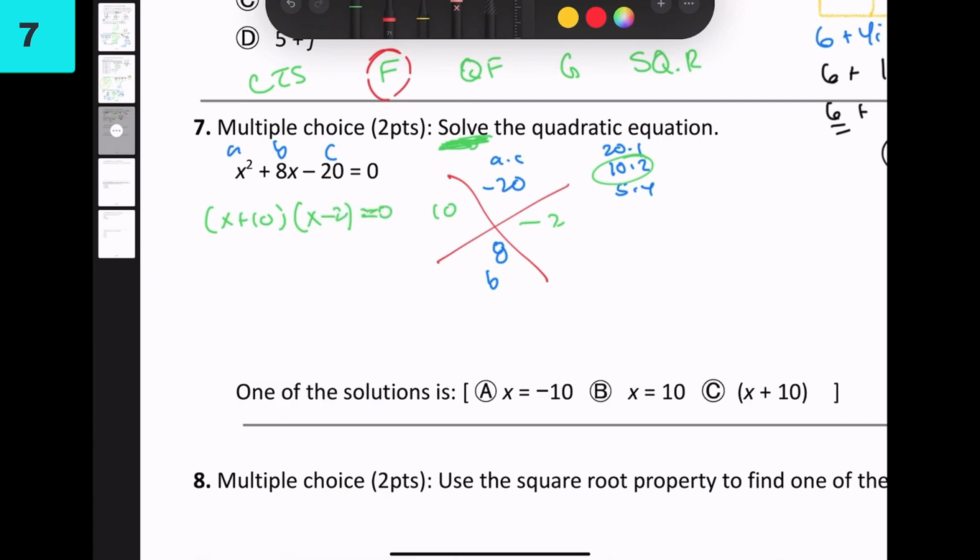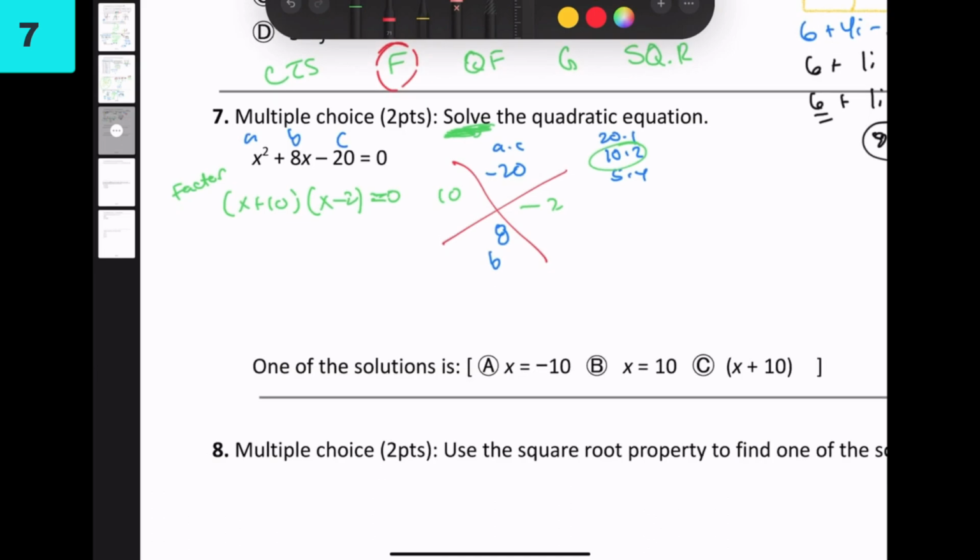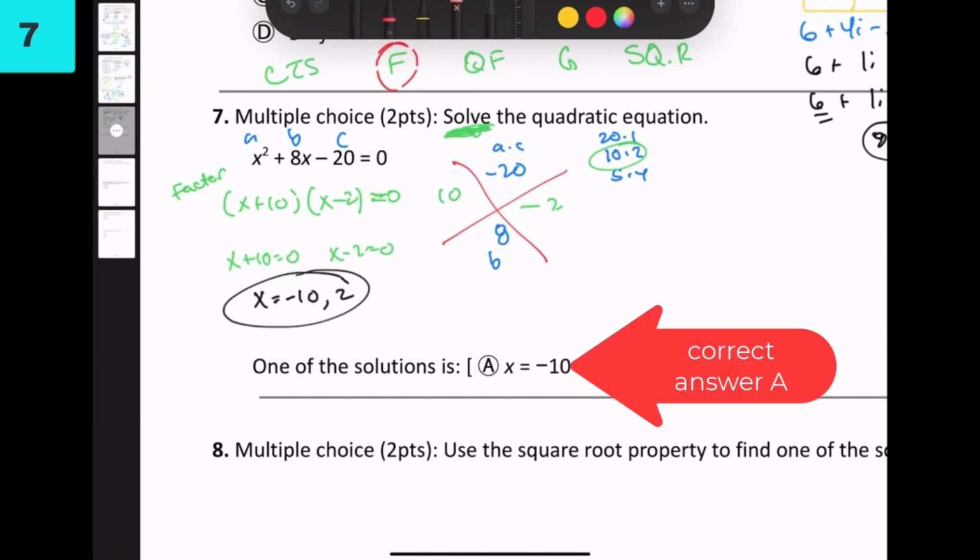The green here is what we would call the factored form, but they're asking us to solve. So solve means set it equal to 0. x plus 10 equals 0, x minus 2 equals 0. Subtract 10, x equals negative 10, and 2.